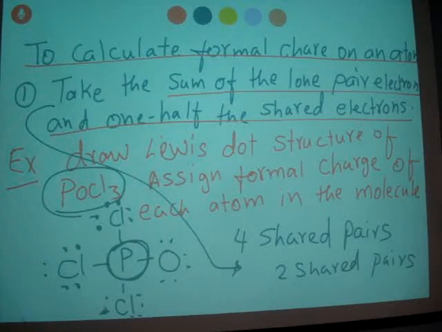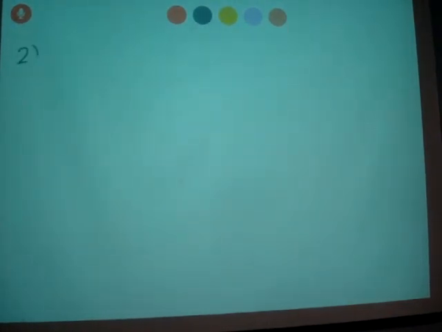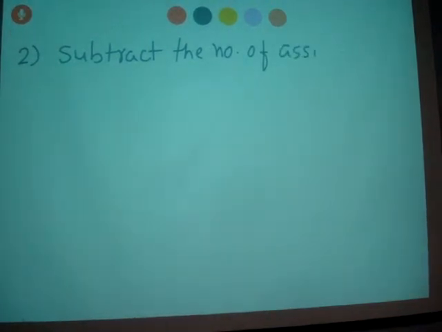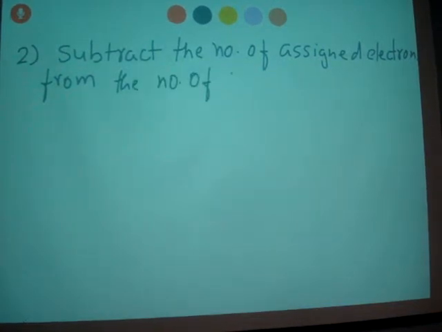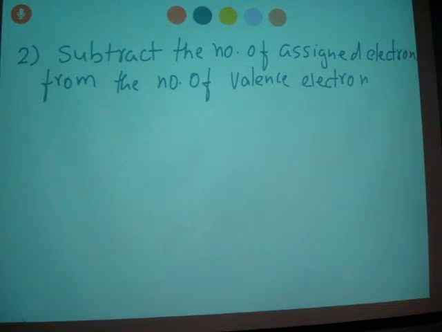For the next step: subtract the number of assigned electrons from the number of valence electrons on the free neutral atom.